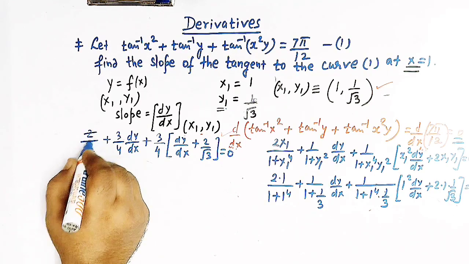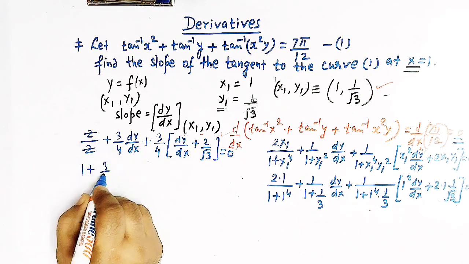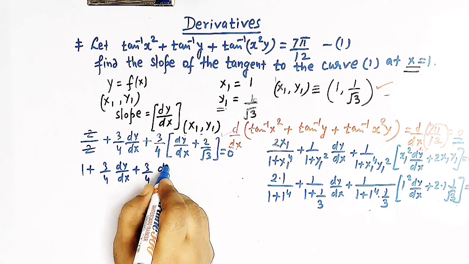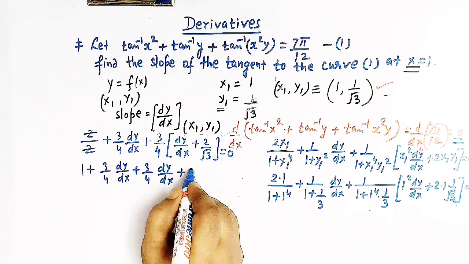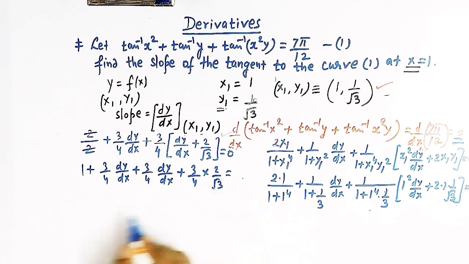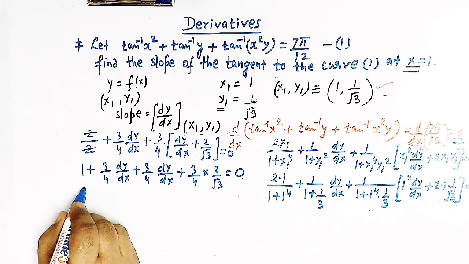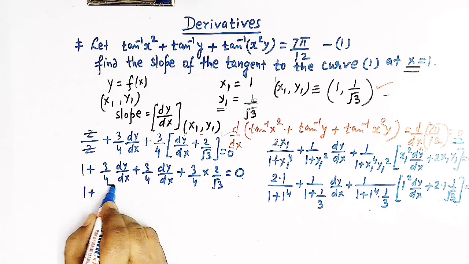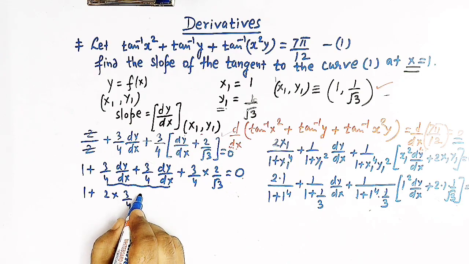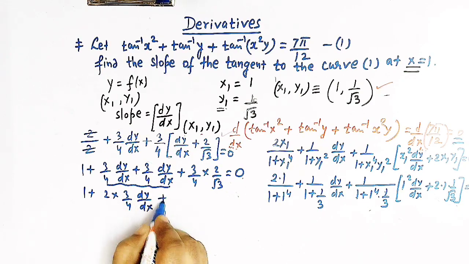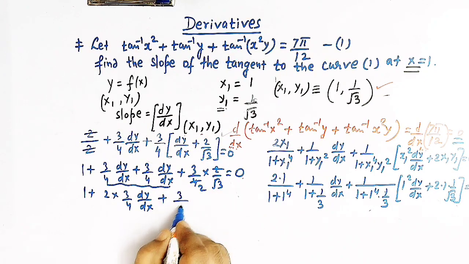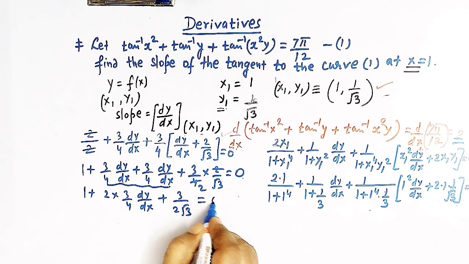So now this is simply 1. This is 3 by 4 dy over dx plus 3 by 4 dy over dx, and this is 3 by 4 times 2 over square root of 3, that is equal to 0. So we have 1 plus, we can add these two quantities. So we have 2 times 3 over 4 dy over dx, and here this is 2 times 2 is 4, that is 3 over 2 root 3 is equal to 0.